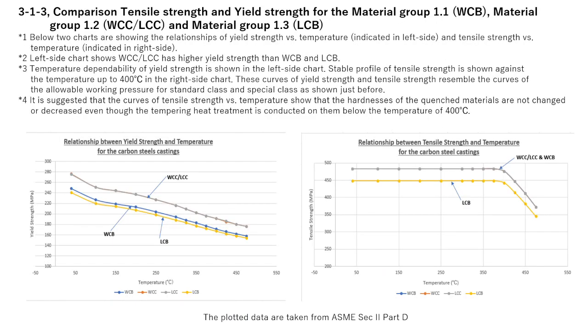Next, we discuss the tensile strength and yield strength for the carbon steel grades WCB, WCC, LCC, and LCB casting material. I assigned two charts showing the relationship between the strength and temperature for the carbon steel casting.